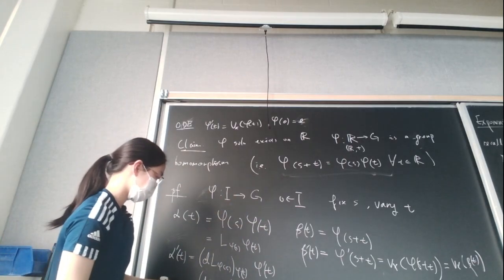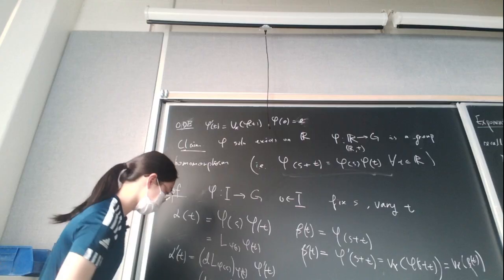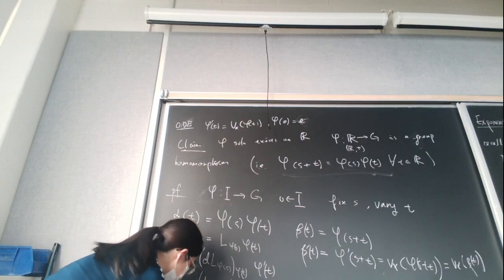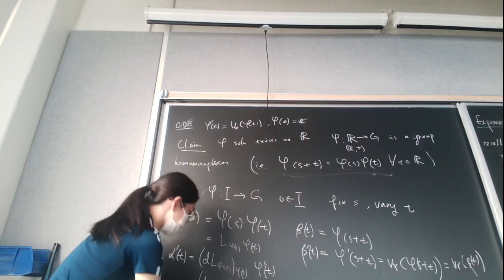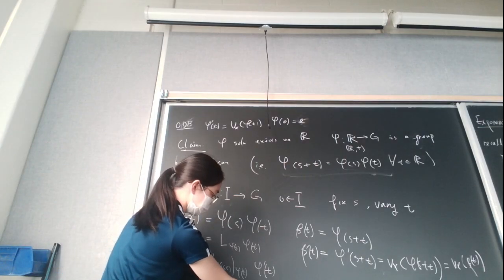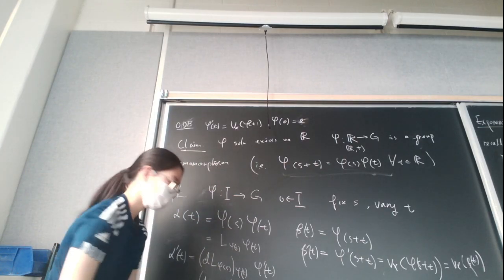And we can use the chain rule here, and this is equal to the differential of the composition applied to x at identity.